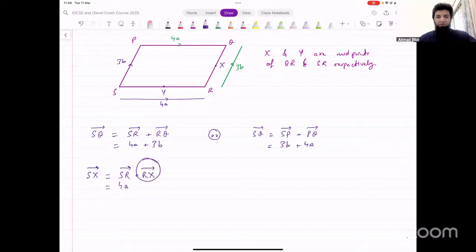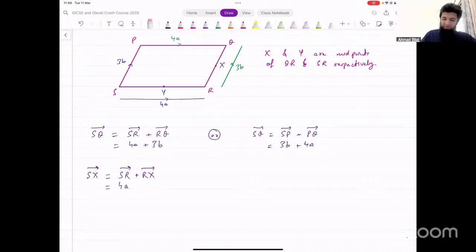Now, since we know that X is the midpoint of this line, that means this vector is basically going to be half of this complete vector, right? Because that will be half the length. Direction is the same, but it's half the length.